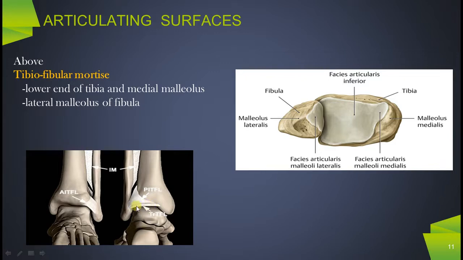This transverse ligament, as I told you, increases the concavity of the superior articulating surface of the ankle joint, or accentuates the tibiofibular mortise. So the superior articulating surface is the tibiofibular mortise, which is the combined articulating surface of the inferior surface of the tibia, the medial malleolus and the lateral malleolus.